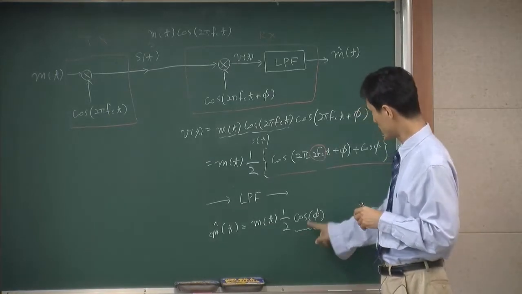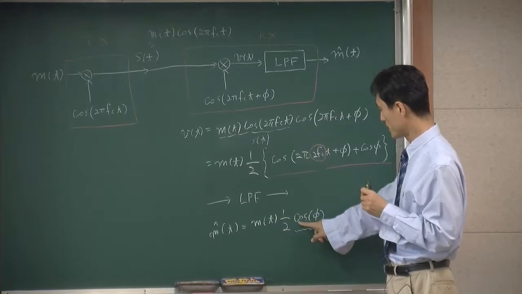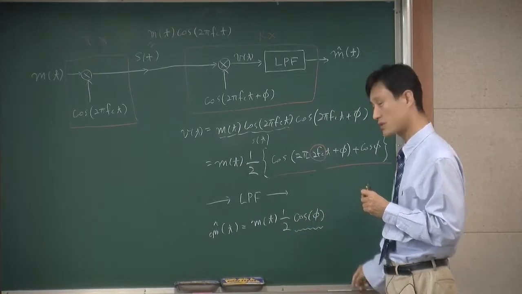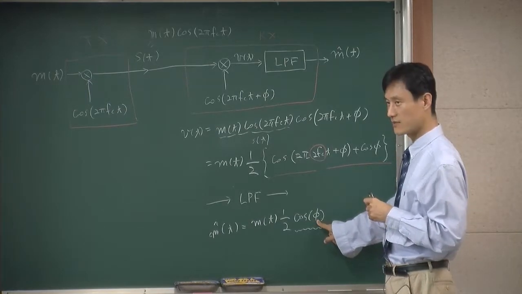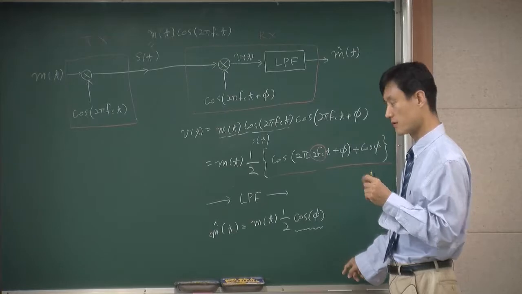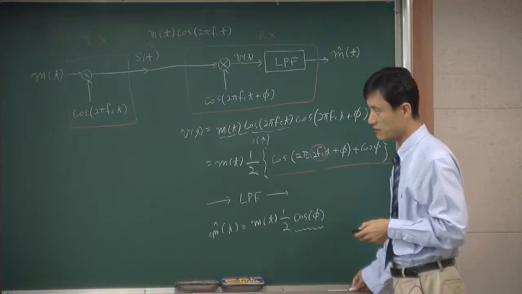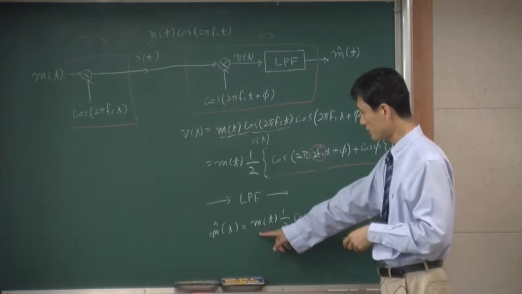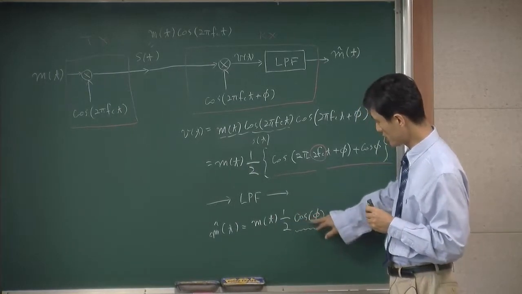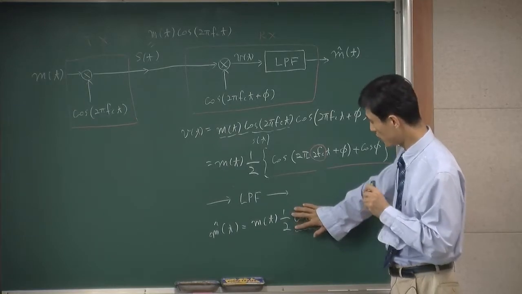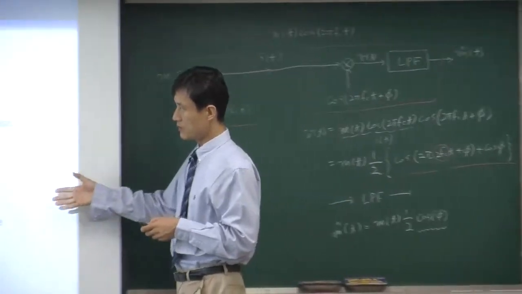So no distortion, we recover the m(t) correctly. But the problem now is this one is a constant, but sometimes cosine becomes 0. Think about if phi equals 90 degrees, then this becomes 0. So depending on the phi value, sometimes we get 0, or if cosine phi equals 1, then we get half of m(t). So that's what we see right here.